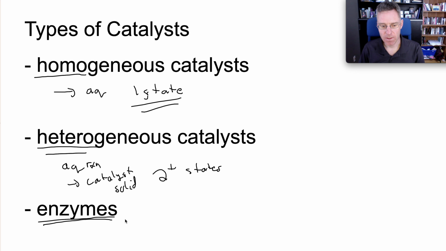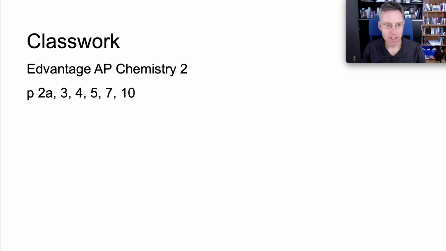We don't know how a lot of enzymes work, and somebody might spend 5 years of their life doing their PhD just trying to understand a bit about how one enzyme works. So we've got these 3 categories you should be able to recognize: biological, and then sort of tabletop chemistry, the homogeneous and heterogeneous catalysts. So review for this section from the Advantage AP Chemistry 2 book is as follows.